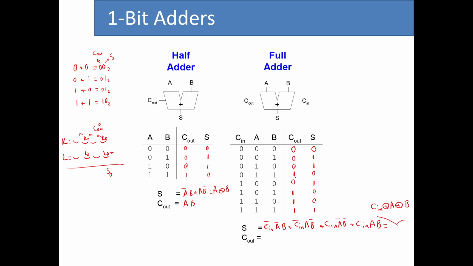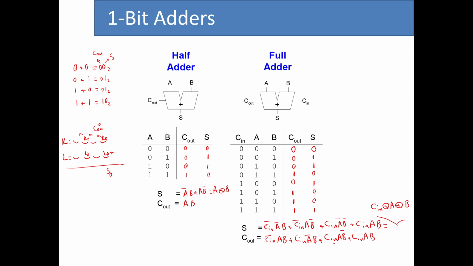We can do the same for C out as well and use the sum of product form to come up with the Boolean function. So it's going to be C in bar A B plus C in A bar B plus C in A B bar, and then finally C in A B. And as you can see here, we can simplify this equation as well.